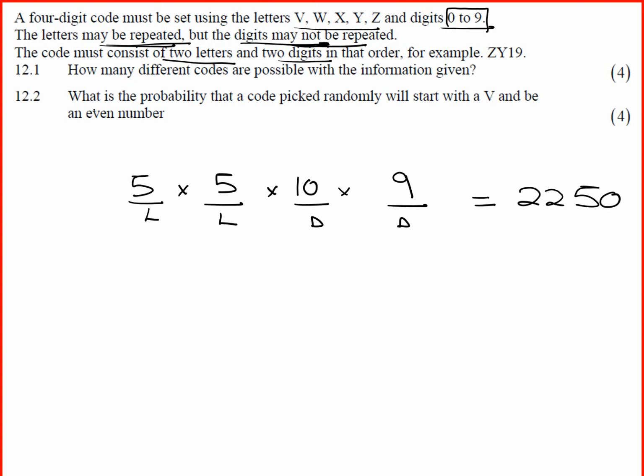The last question, what is the probability? So whenever you see a probability question, remember it's a fraction. That a code picked randomly will start with a V and be an even number. So the probability of, let's just call it VE.